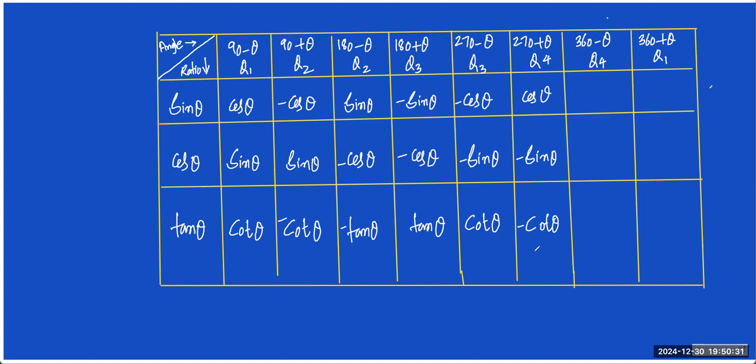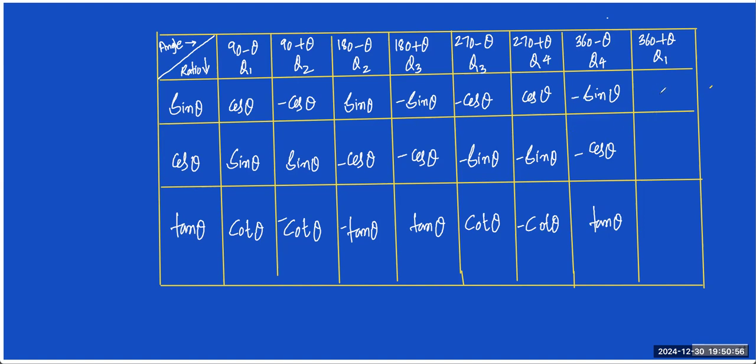Now the next one is the fourth quadrant again. Sine will remain sine only, cos remains cos only, tan remains tan only, because in the fourth quadrant only cosines are positive, so these two are negative.